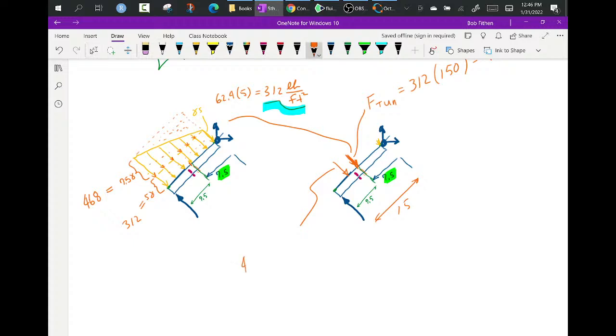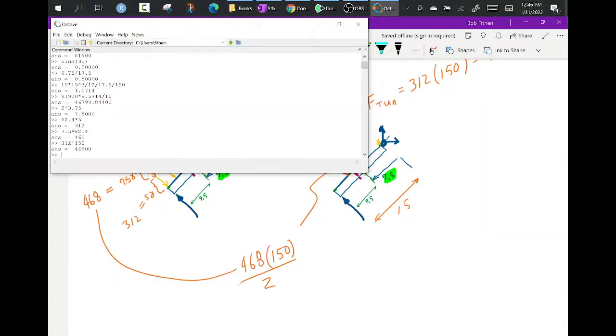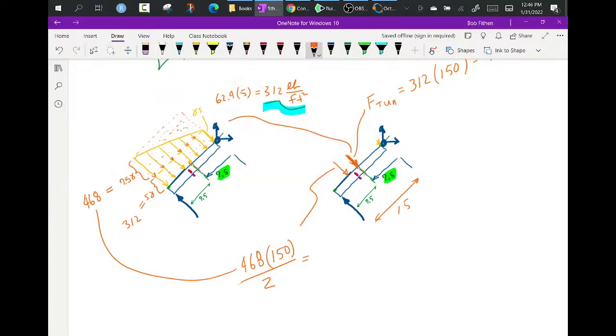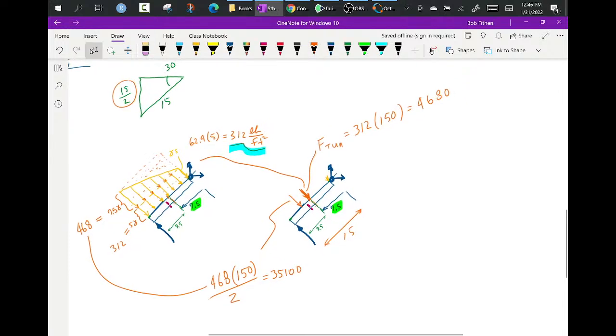So it's 468, that's the value, times the same area, because it's over the same area, but half of it is missing. 468 times 150, and half of it's missing, 35,100. Now, hey, wait a minute.